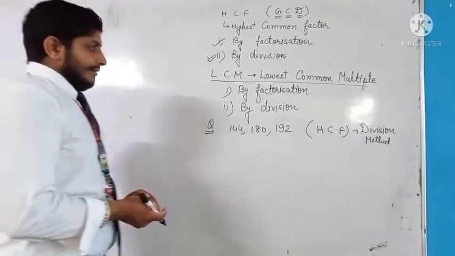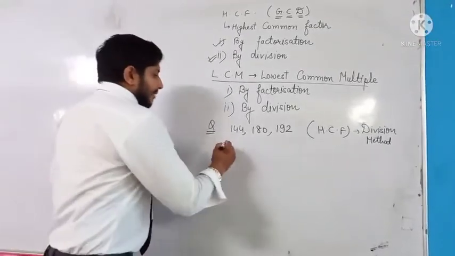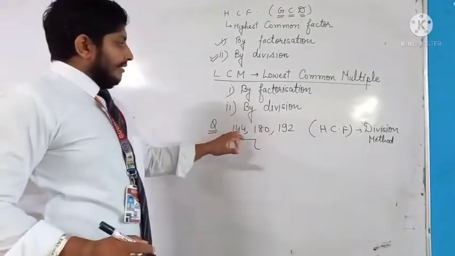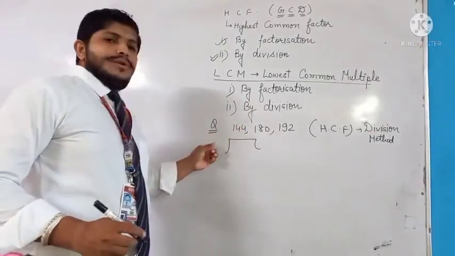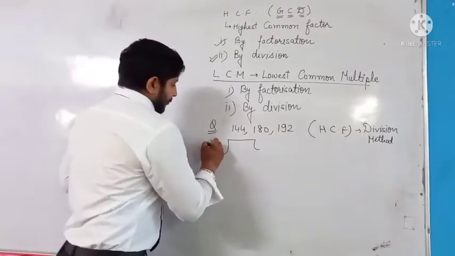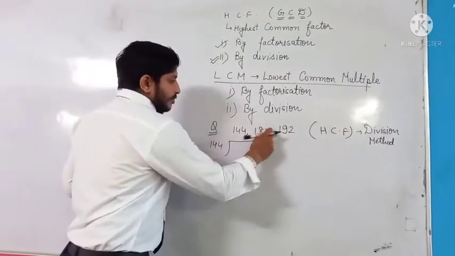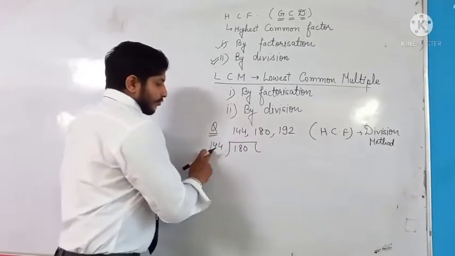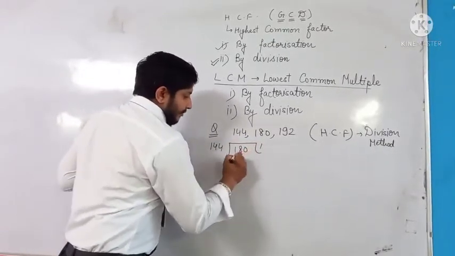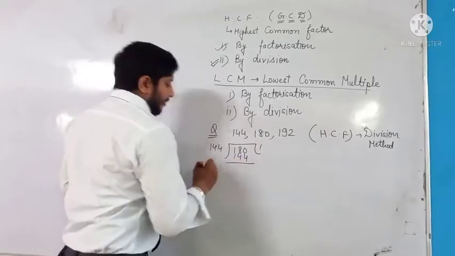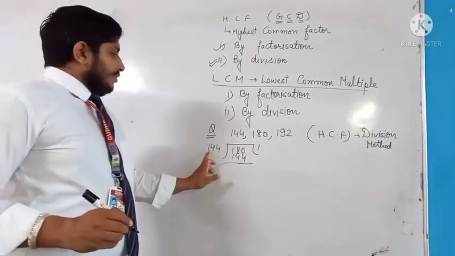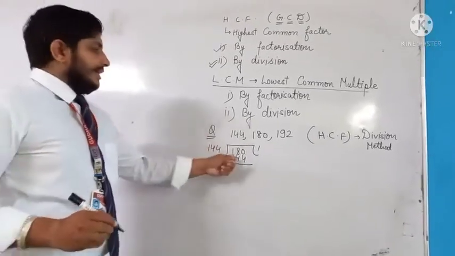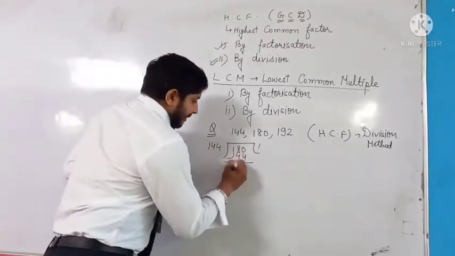So here see, beta, one number you write inside. Here what is the smallest number? Always we write it outside. 144 outside, and the next number, that's your choice, whichever you want you write inside. Then divide. 144 1 times 144. Because you know very well 144 2 times is 288, that is greater than 180. Then subtract.